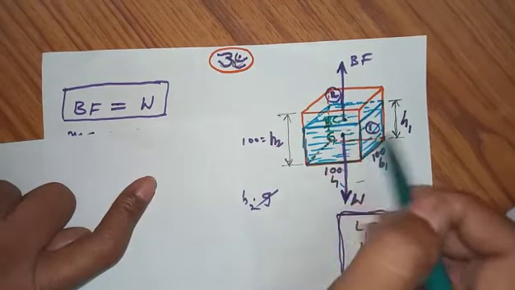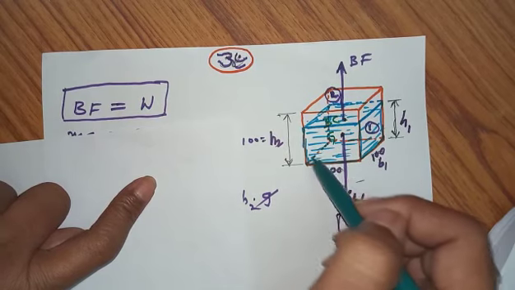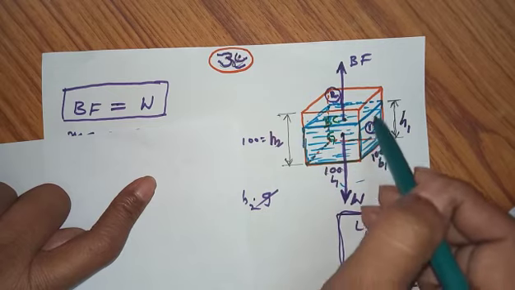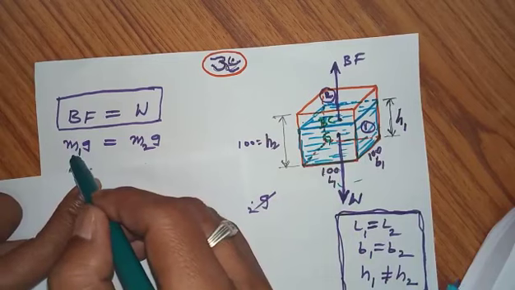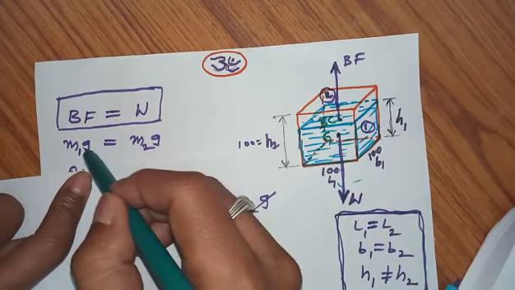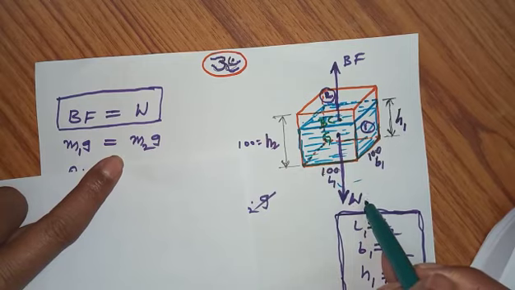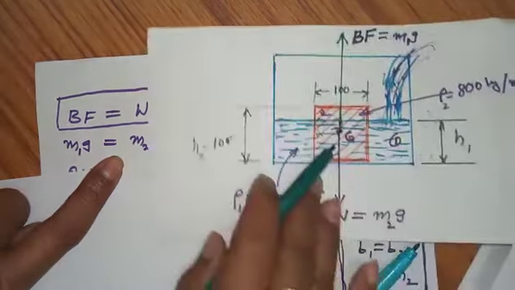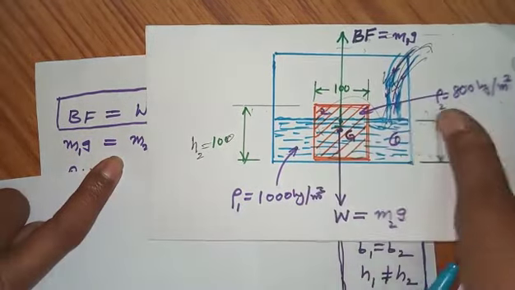So what is buoyancy force? The weight of the liquid replaced. This is the weight of the liquid, blue color. So M1, liquid replaced, into G is equivalent to M2 into G. So what is M1?